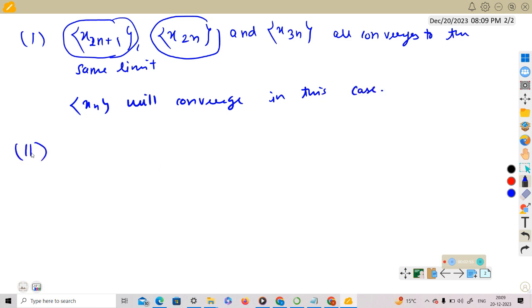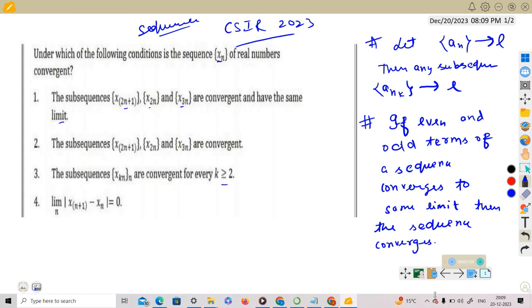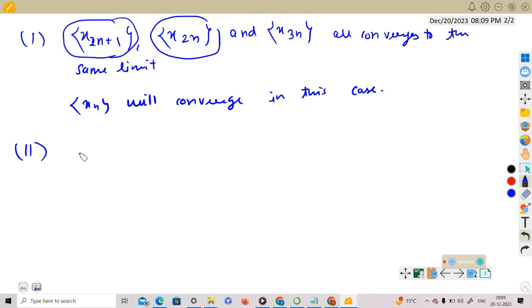Now consider the second part. The subsequences x2n+1, x2n, x3n are convergent. Only that they are convergent is given.